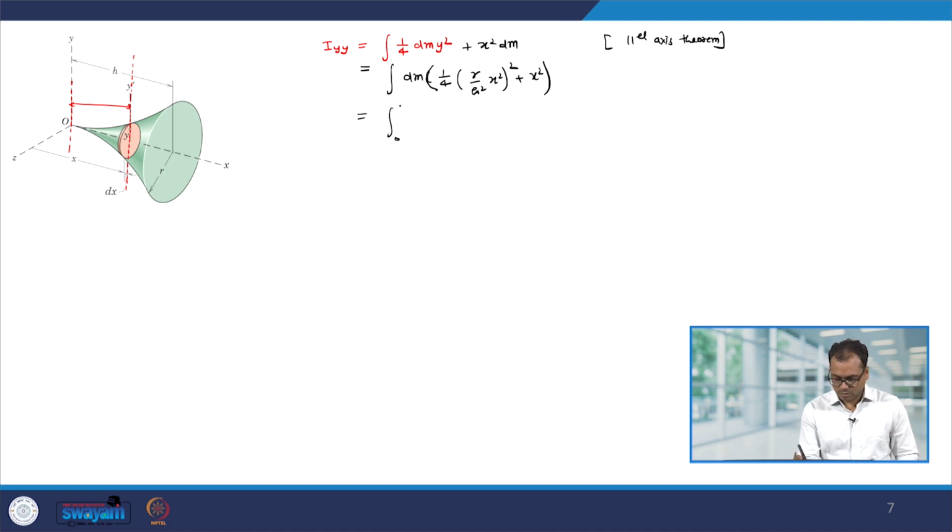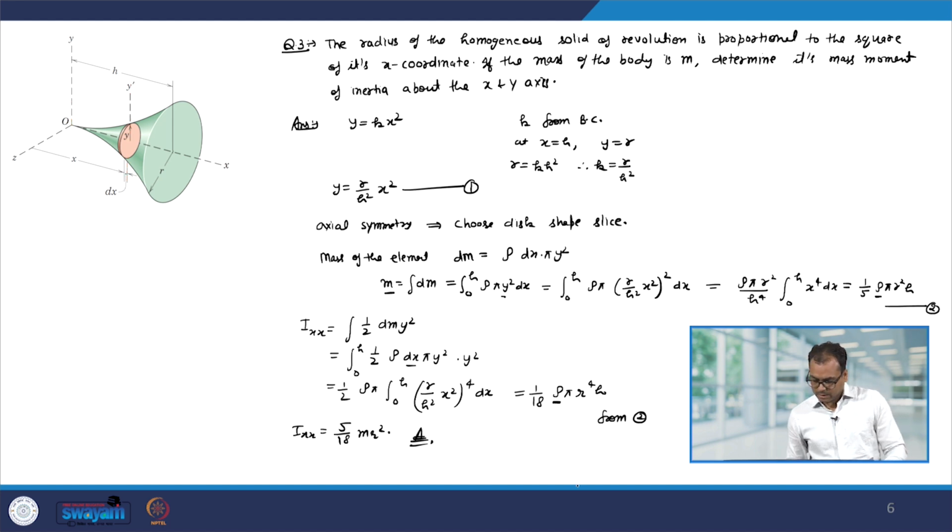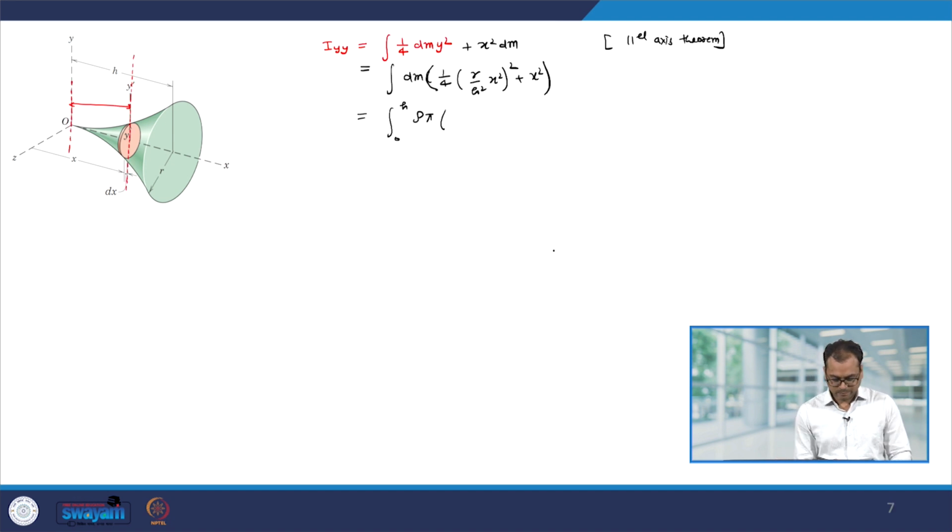So, we have 0 to h rho pi dm, dm will be rho pi dx y square. So, rho pi dx, and then y square, y is (r over h) square x square whole square, into 1 by 4 ((r over h) square x square) whole square plus x square dx.